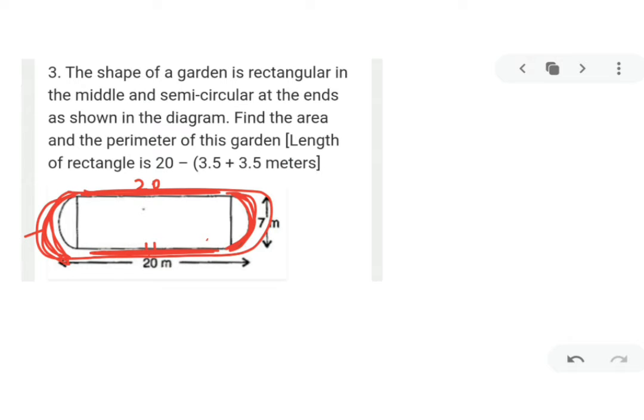Now if you have the circumference of two semicircles, my dear kids, that will make the circumference of one entire circle. So if you want to make a perimeter, you can take the circumference of a circle. Do you know that the circumference of a circle is 2 pi r? So you have to find 2 into 3.14 into r, radius is 3.5.